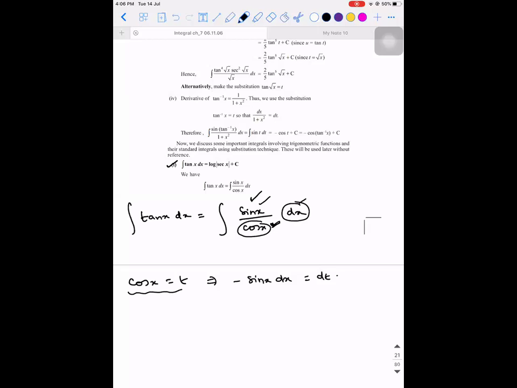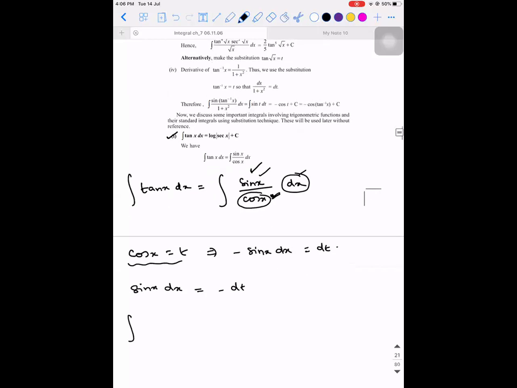Then minus sin x into dx will be equal to dt. So what is sin x into dx? It will be minus dt. So integral of minus dt divided by, instead of cos x, I can write it as t. So if I take the minus sign out, integral of 1 by t is log of mod t.